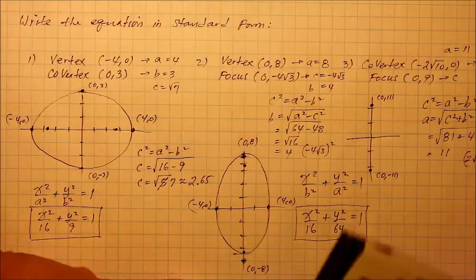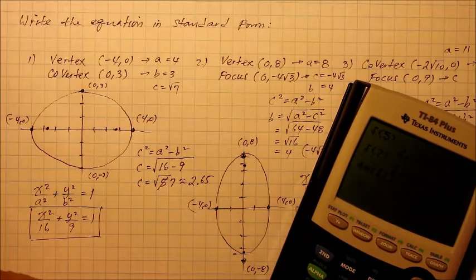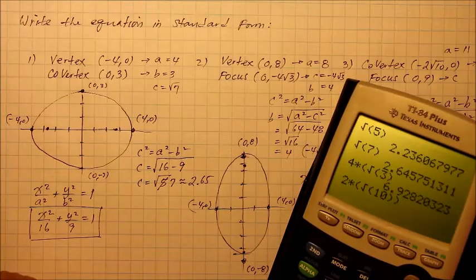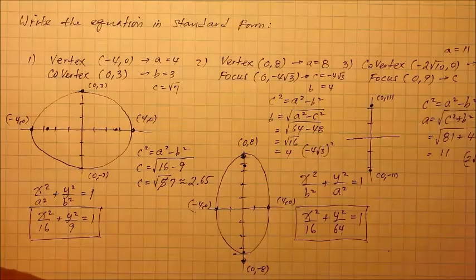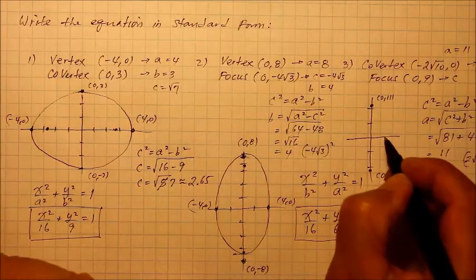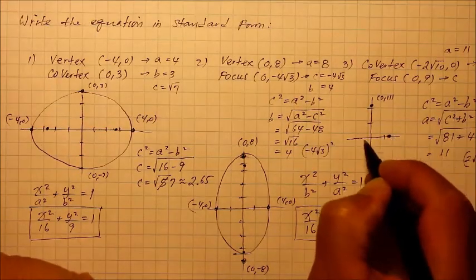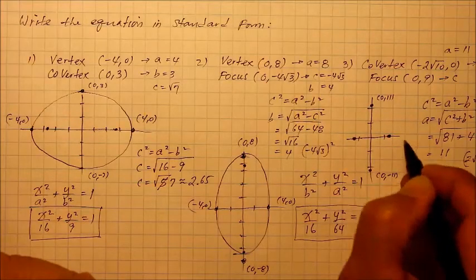What is negative 2 square root of 10? Let's do that approximation. 2 times the square root of 10, and that comes out to be approximately 6.3. So 6, somewhere there.